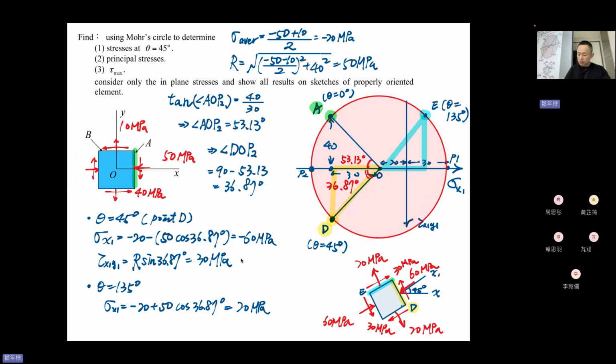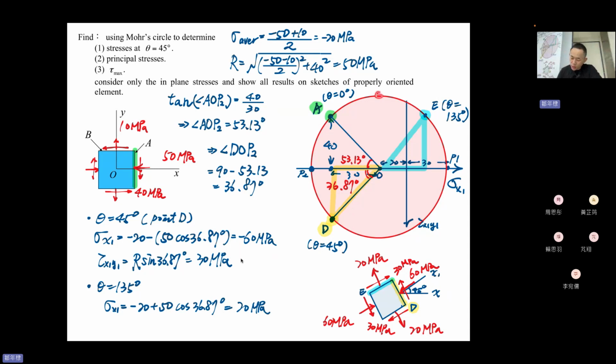Remember that tau x1y1 has downward positive. And theta in the real world is doubled in the circle world. In the circle world, the point on the right-hand side is sigma 1, and the point on the left-hand side will be your minimum, sigma 2.